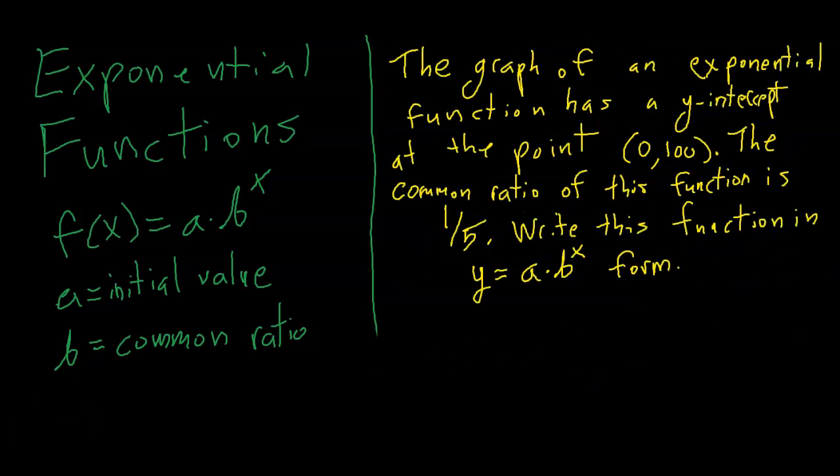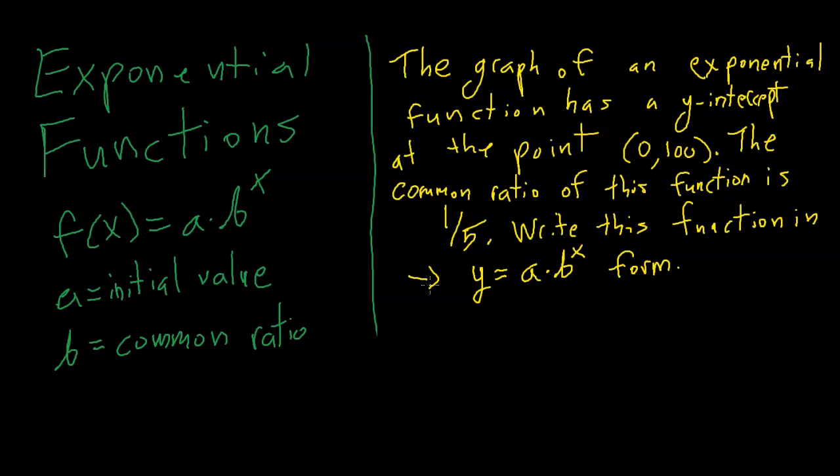All right, everyone, let's look at one more example. The graph of an exponential function has a y-intercept at the point (0, 100). The common ratio of this function is positive 1/5. Write this function in y equals a times b to the x power form. This is the same thing as f of x equals a times b to the x power, the general form of our exponential function.